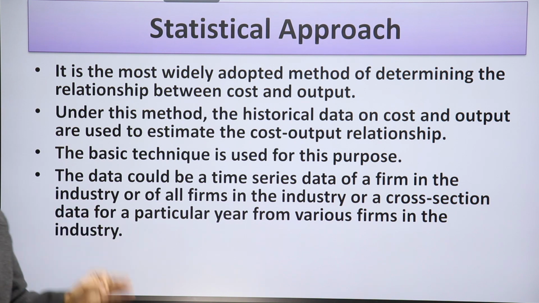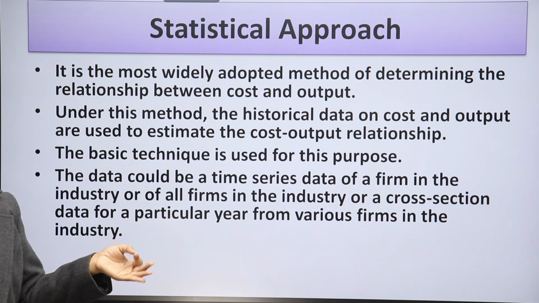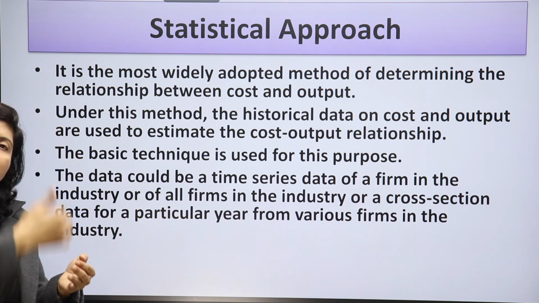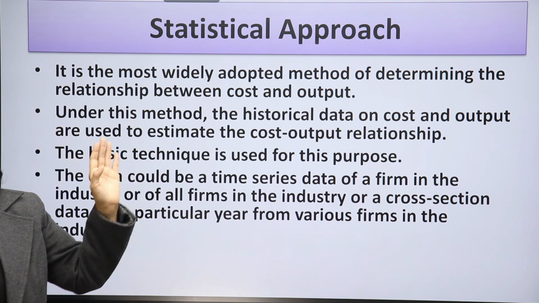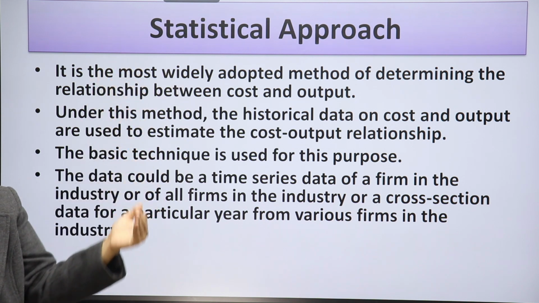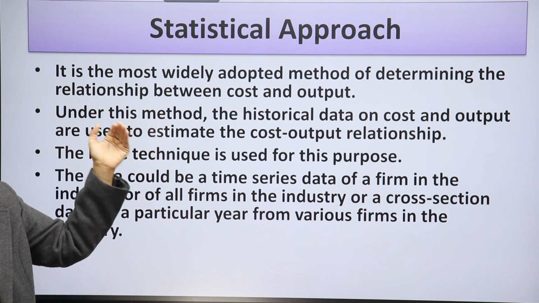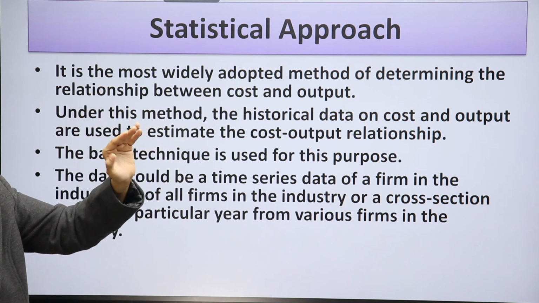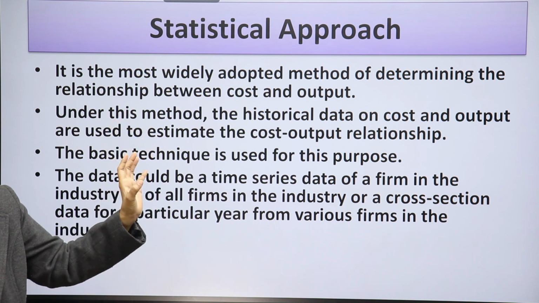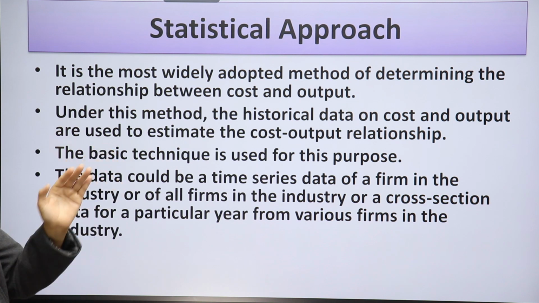Historical data is the data which you have stored in your logbooks, in your computer hard drives, which you have been experiencing through years. Suppose your business has been running for 10 years and now you have past 10-year data at your disposal and you can see what were the cost, what was the output, and the cost-output relationship can be seen. And based on that experience, you can assess the future relationship also.